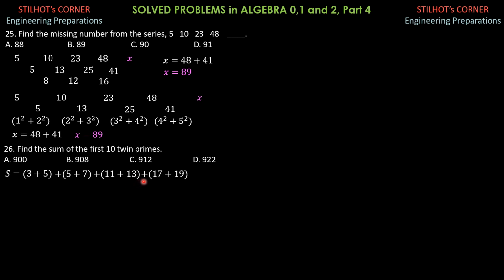Then 17 and 19. Difference is 2. Then 29 and 31. Then 41 and 43. 59 and 61.